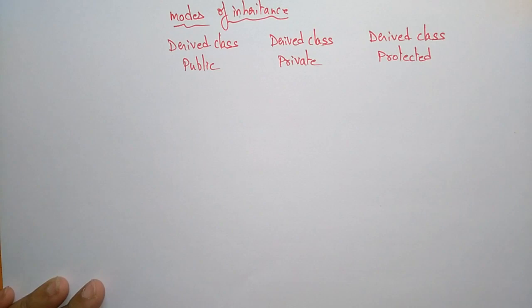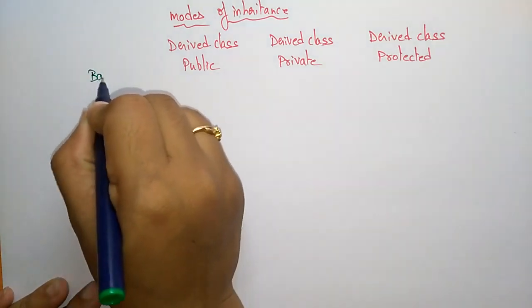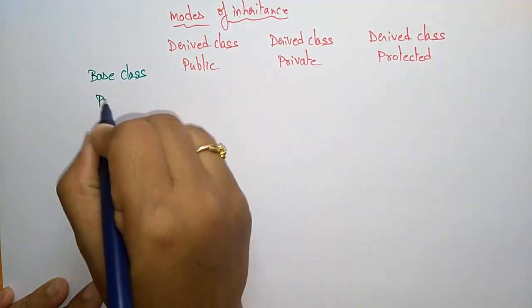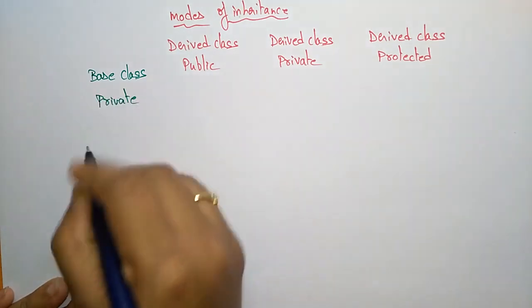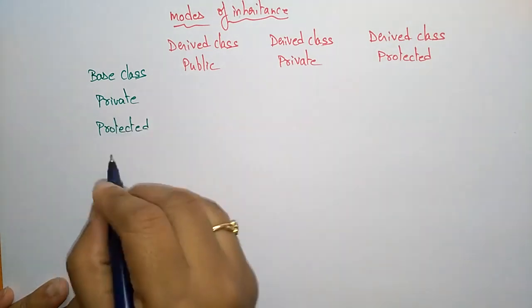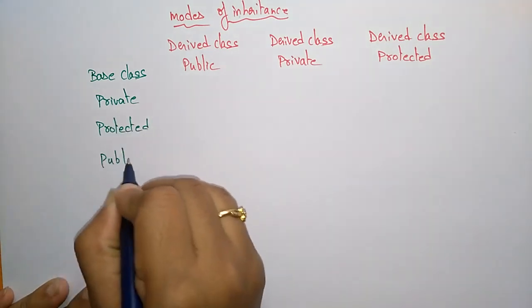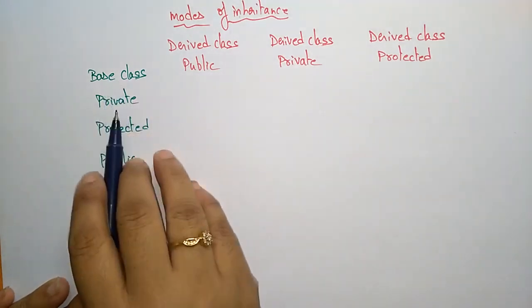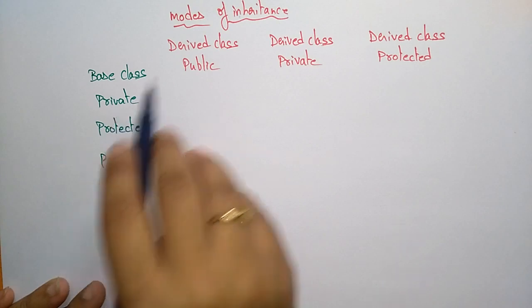If I take the base class here, the items are private, protected, and public.